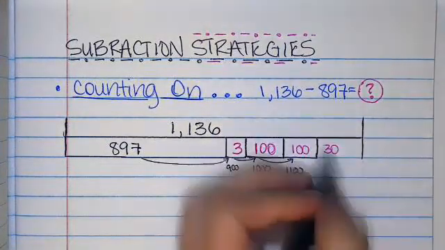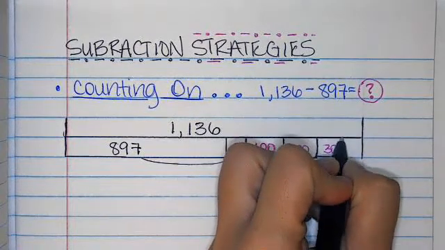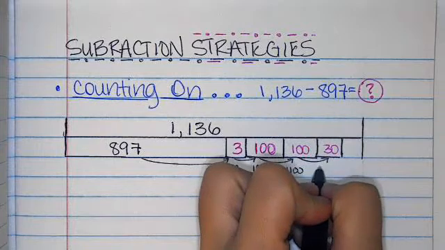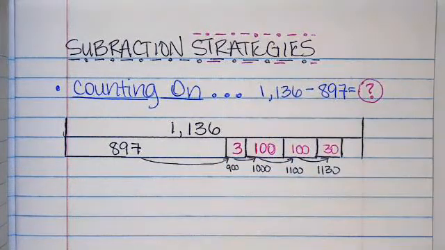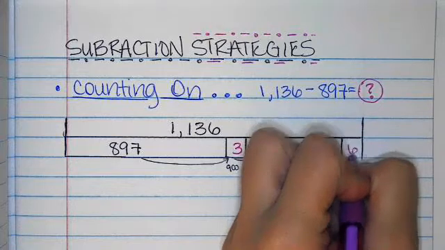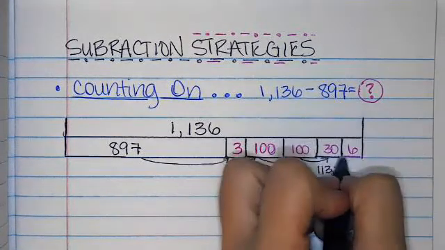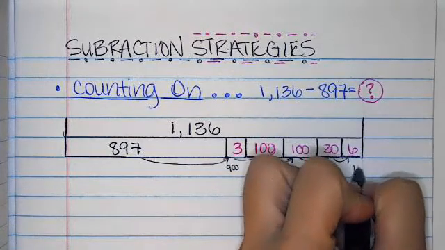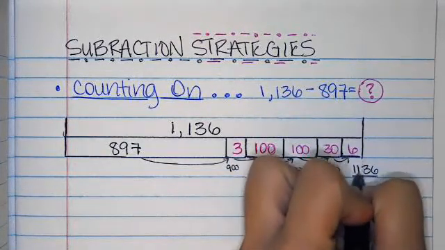So my amount now, adding this on, will be 1,130. And now I only have 6 more to go. And I've gotten to 1,136. This is where I wanted to stop.